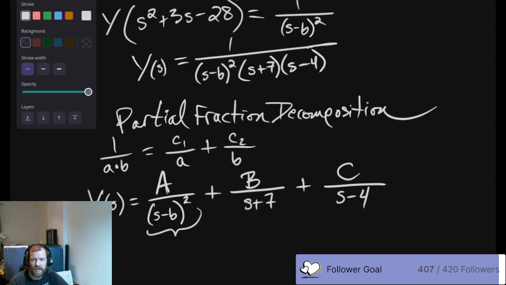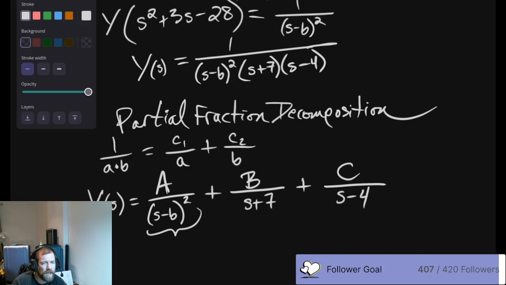And that is that we have something here that's only giving us, at the moment, a constant divided by parentheses s minus b all squared.